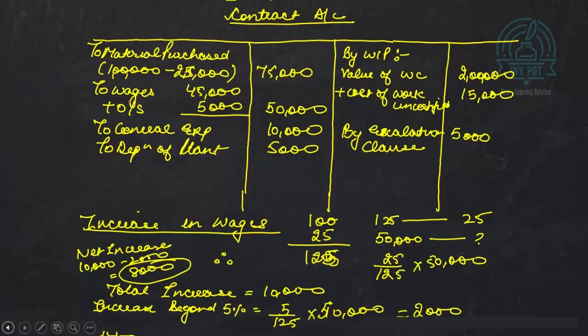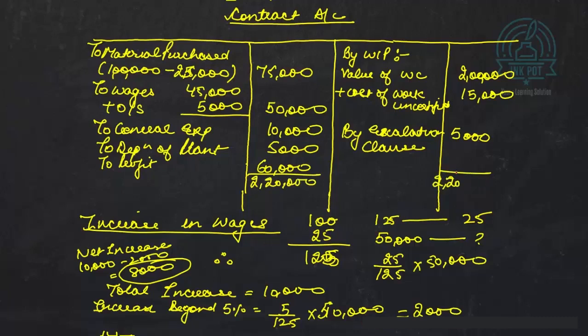So writing here, to profit, amount is 60,000. Total is 2,20,000. Account closed.